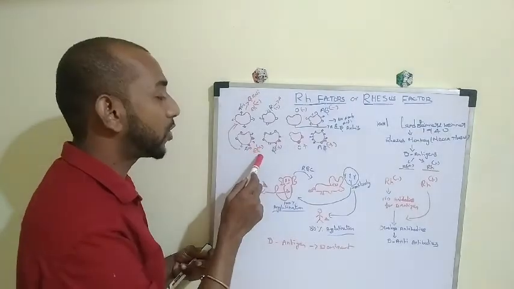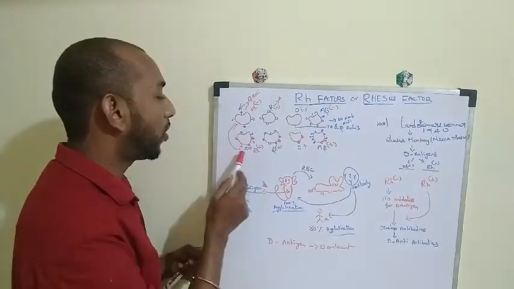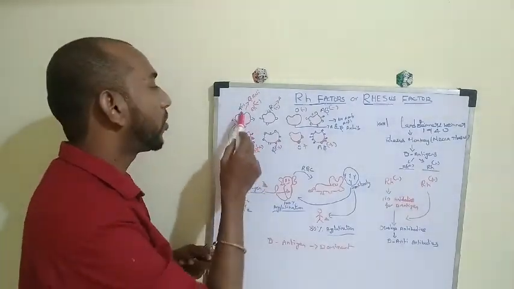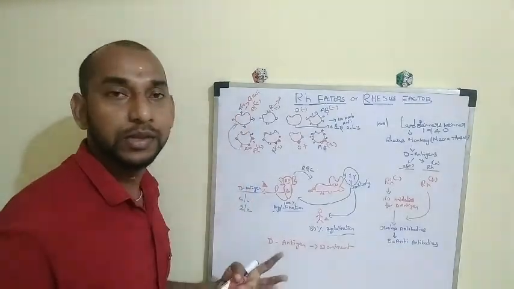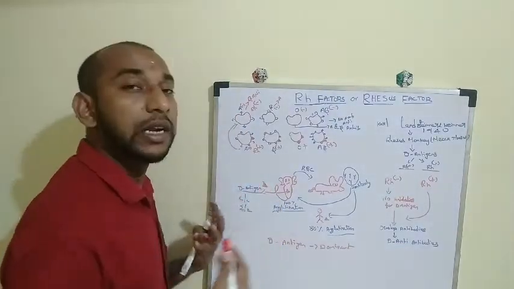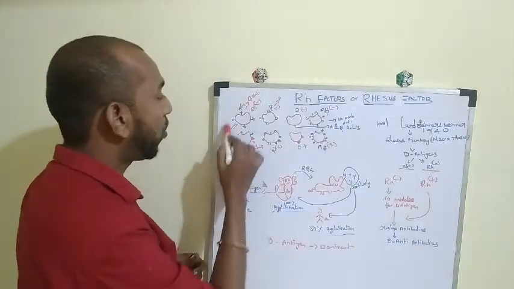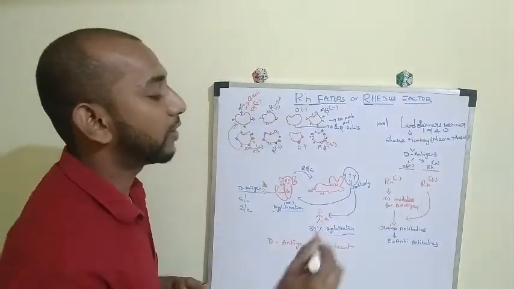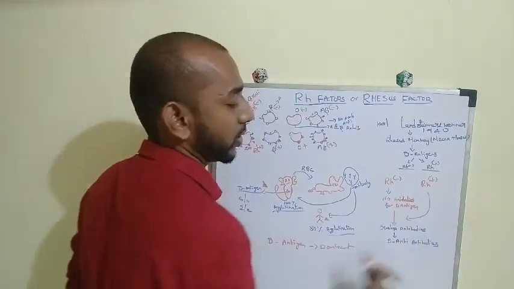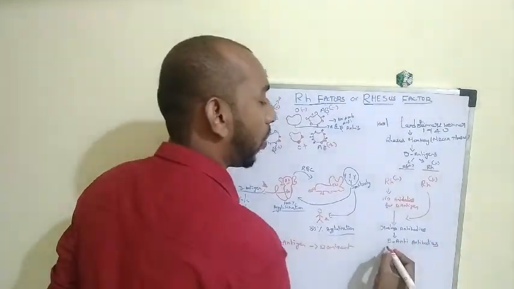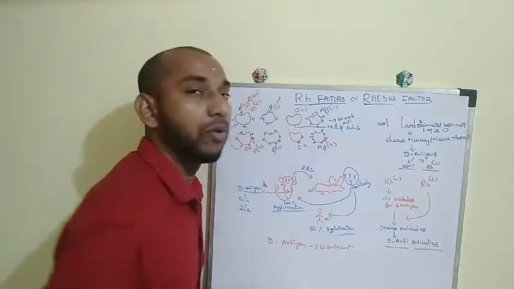Remember, Rh positive means the D antigen is on the surface of the red blood cell. But when they are exposed, they will start developing antibodies. Those antibodies are called D antibodies.